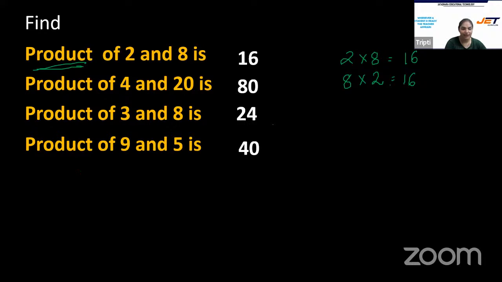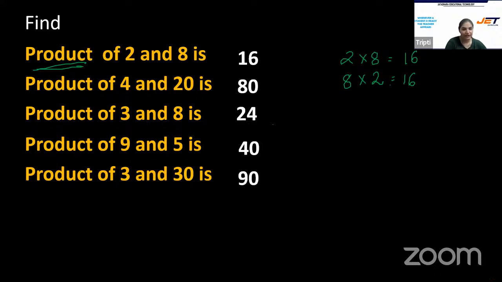So 5 times 9 is 45. What is the product of 3 and 30? So it is 3 times 3 is 9 and then 0, 90 is the answer.